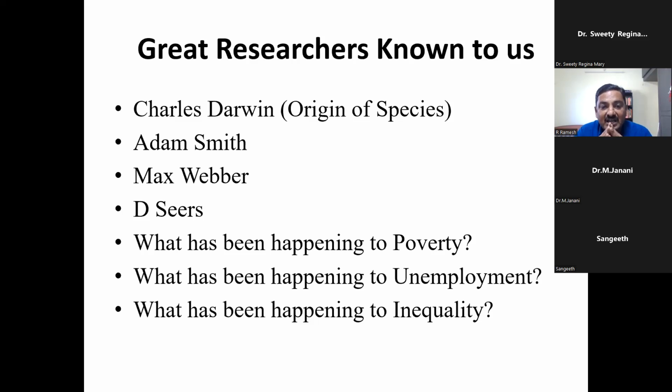His questions are: what has been happening to poverty? He wants 10-year data. Give me 10-year data on what has been happening to poverty, unemployment, and inequality. Just give me 10-year data for these 3 variables, if you can call them that, and I will tell you what's happening in this country.